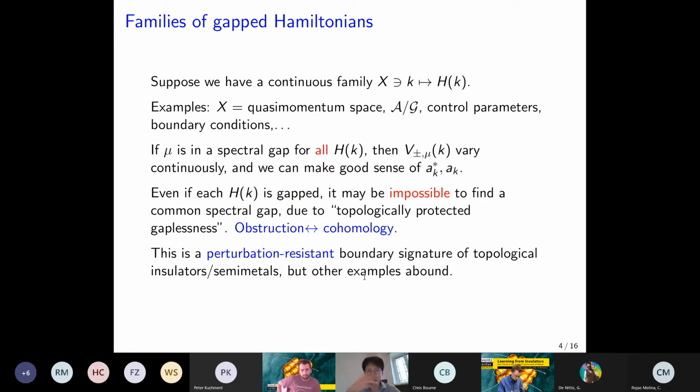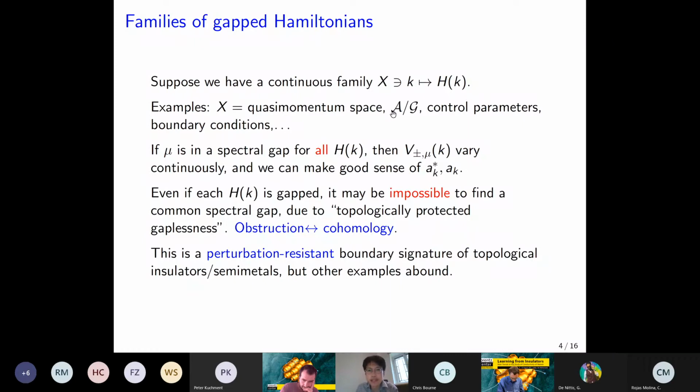Now, this is usually not a problem, but you have a problem or an anomaly when you have a continuous family of such situations. Suppose you have a continuous family of Hamiltonians parametrized by a topological space X, so you've got a map from K to H of K. I use K here because K is usually the symbol for quasi-momentum space in examples from solid-state physics.